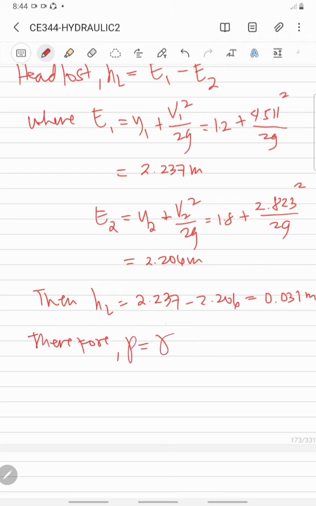Therefore, the power lost is equal to gamma, the specific weight of water, times the discharge or the flow rate, times the head loss of the jump.